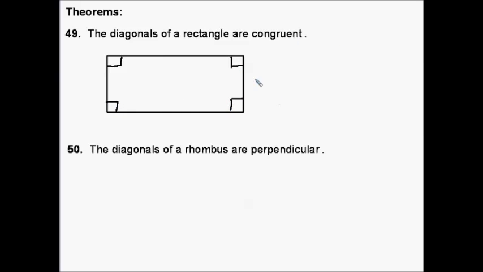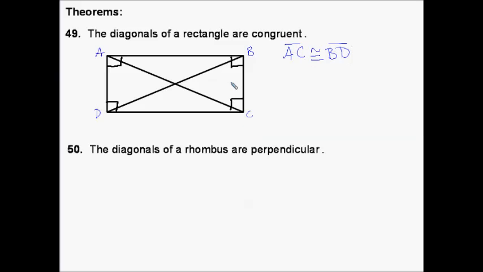Okay, which is as we come across here to here, close enough. If I name this rectangle A, B, C, D, AC is going to be the same length as BD.